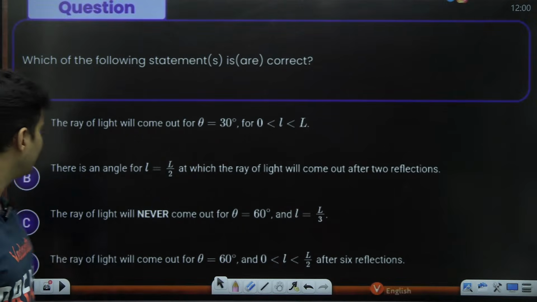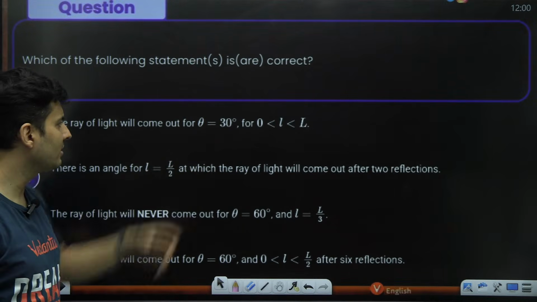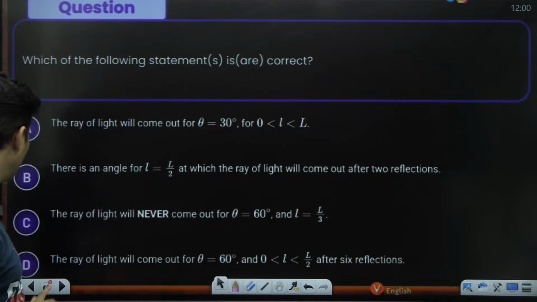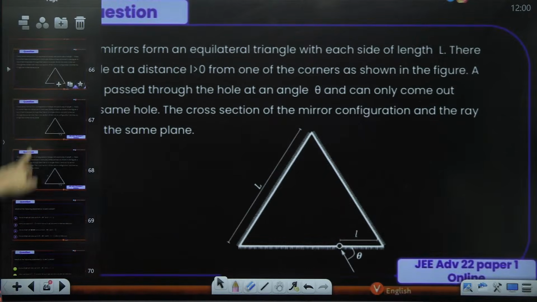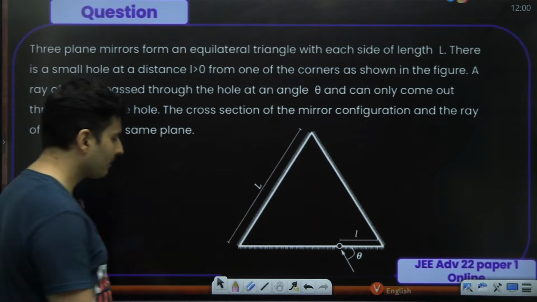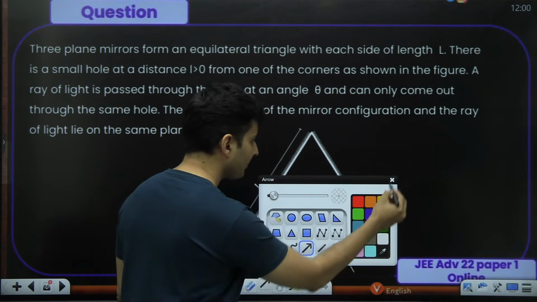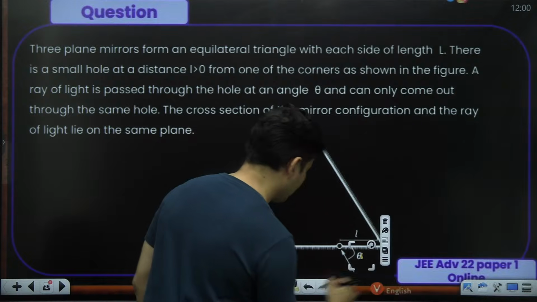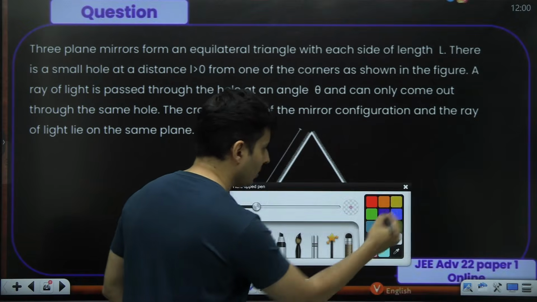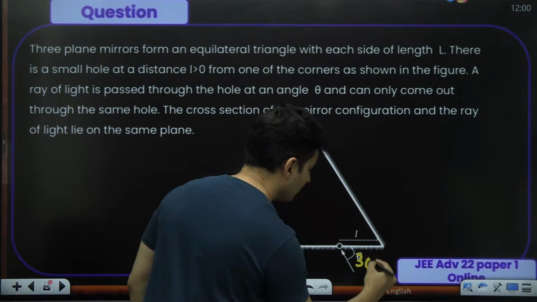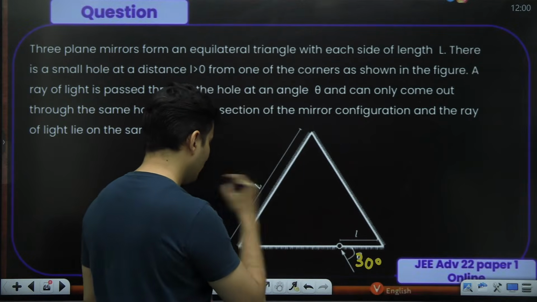Theta is basically 30 degrees. The ray will come out for theta equal to 30 for some length l between 0 and maximum length. Very interesting thing, guys. If this particular theta is 30 degrees, how will that light go?